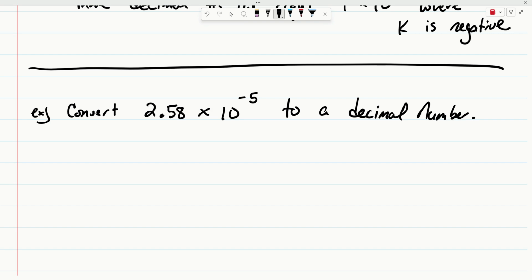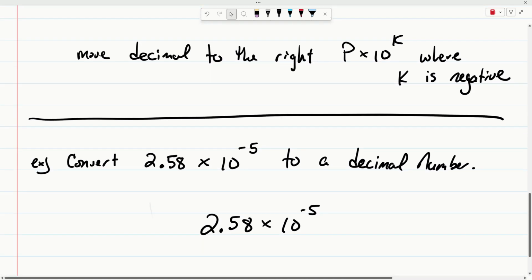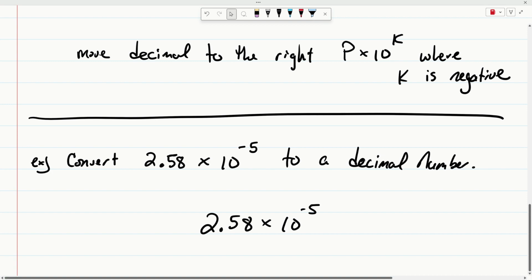Well, in this scenario, here's what we know. We know from the previous example, or basically this definition up above, that if our exponent is negative, that means we must have moved it to the right.